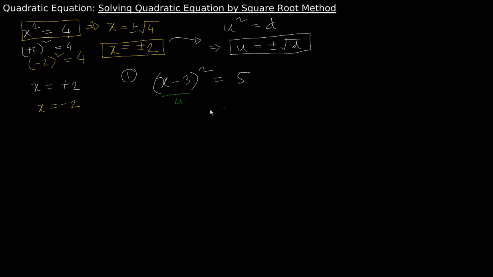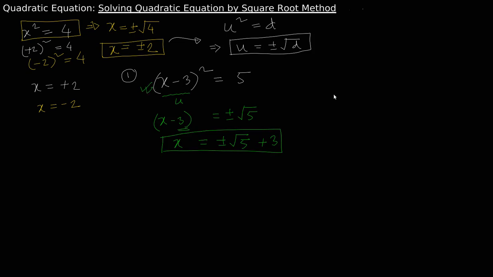So x minus 3 equals plus minus the square root of 5. So x equals plus minus the square root of 5, and this negative 3 is going to be positive 3 on this side. So that is the solution for x for this quadratic equation.